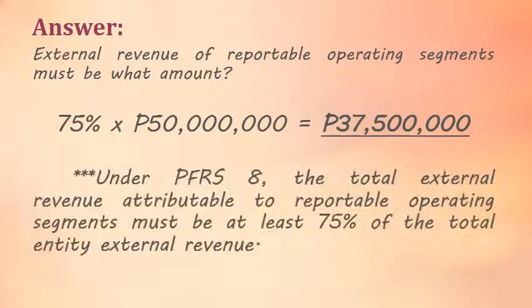So, the explanation under PFRS 8, the total external revenue attributable to reportable operating segments, ito na nga yung threshold, 75% of the total entity external revenue. So, titignan nyo yung question kung ano ba yung mga tinatanong sa inyo.